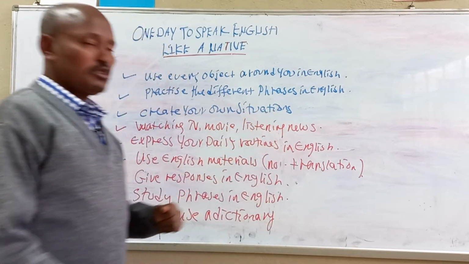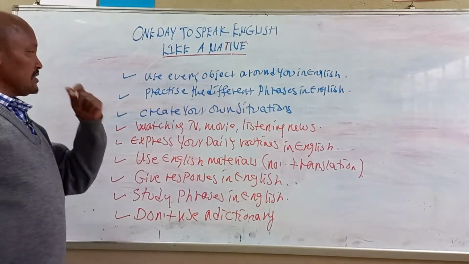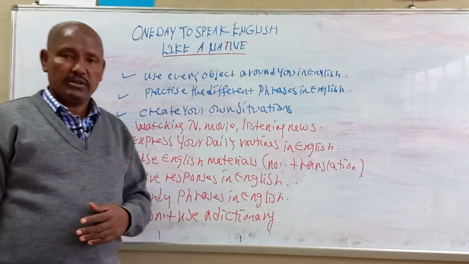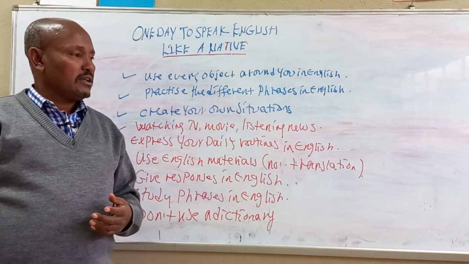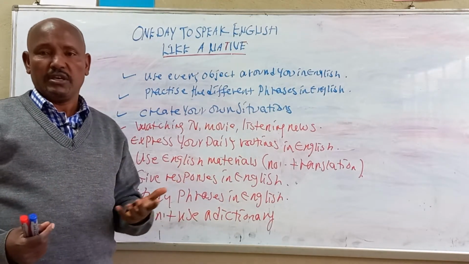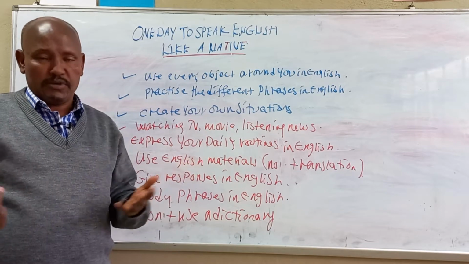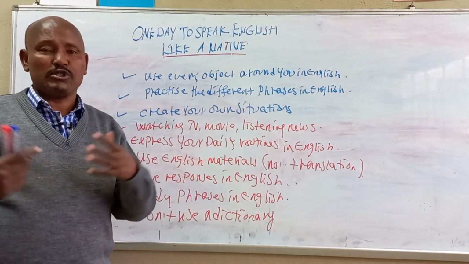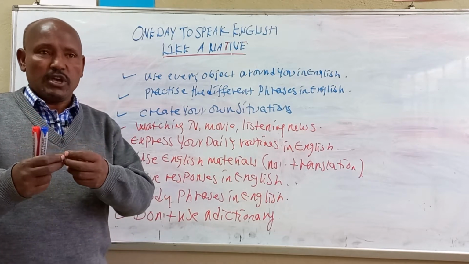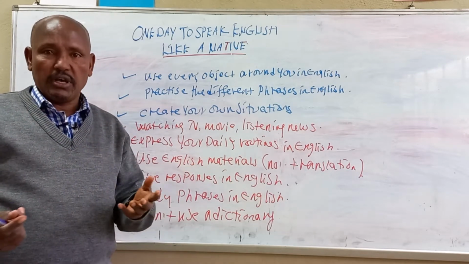Let's start here. One is to use every object around you in English, which means that in the place you live, the place you work, and the place you enjoy, you describe and explain the objects and the things that you use in English.